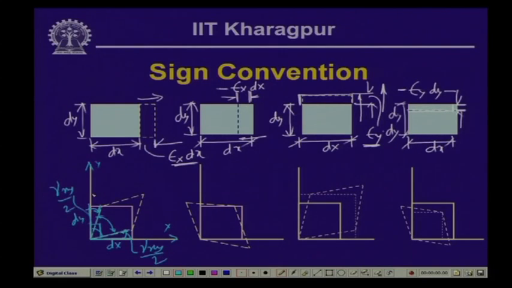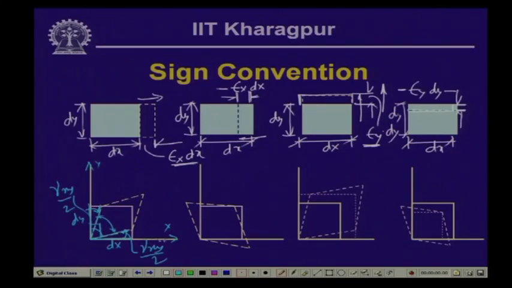Now, if you remember last time when we were computing the value of gamma x dash y dash, which was the summation of two quantities alpha and beta, and alpha was the orientation of x axis in the position OA and beta was the orientation of y axis along OB, and the sum of alpha and beta gave us the value of the shearing strain gamma x dash y dash.